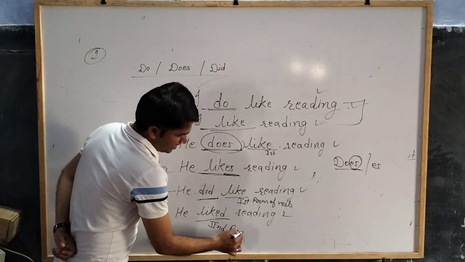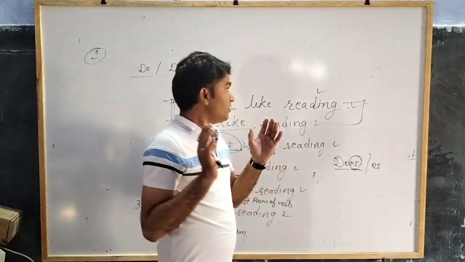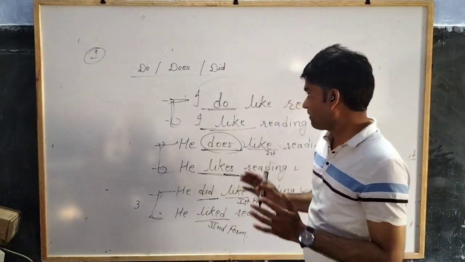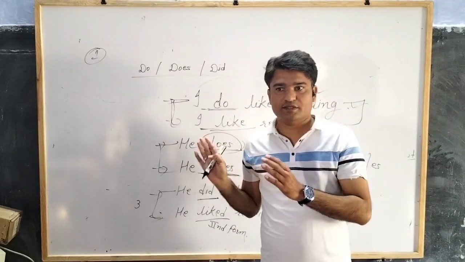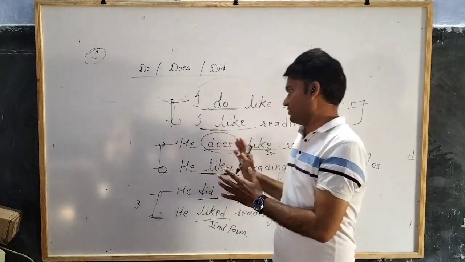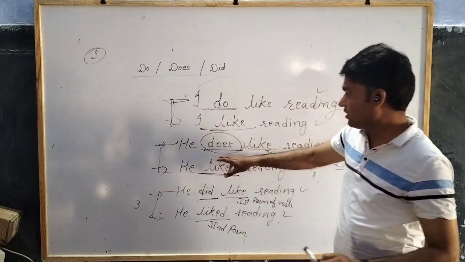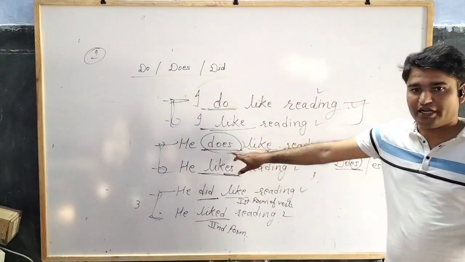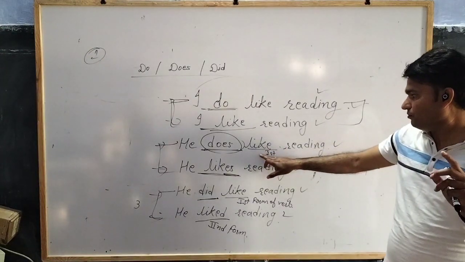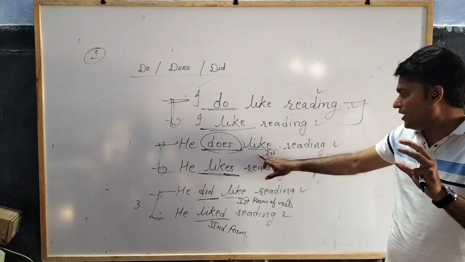I again repeat my words. In positive sentences, regarding do, does, and did, if you want to write do in a positive sentence, it's okay. It runs, and this sentence is correct. If you don't write it, then no problem. In the second, as I mentioned here, does. If you write does, then you will use the first form, without adding anything.